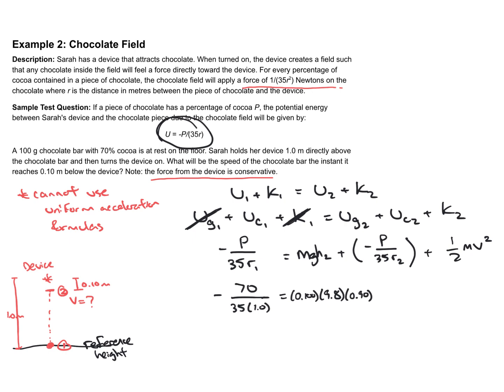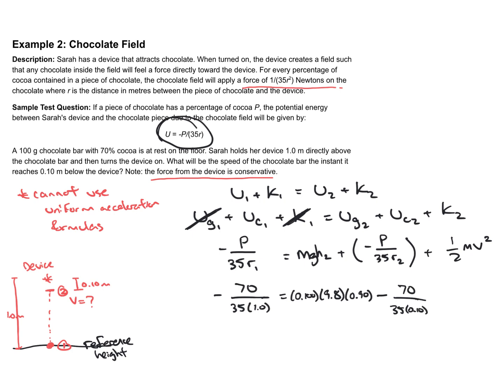Since it's 10 centimeters below the device, it means it's only 90 centimeters high. The next chocolate potential energy is going to be negative 70 over 35 times 0.1.